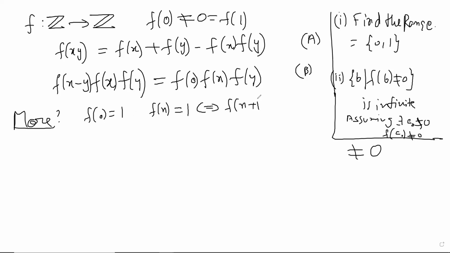F of n plus 1 is 0. Okay, yeah, okay. That's okay. Or 0. F of a minus b equal to 1.